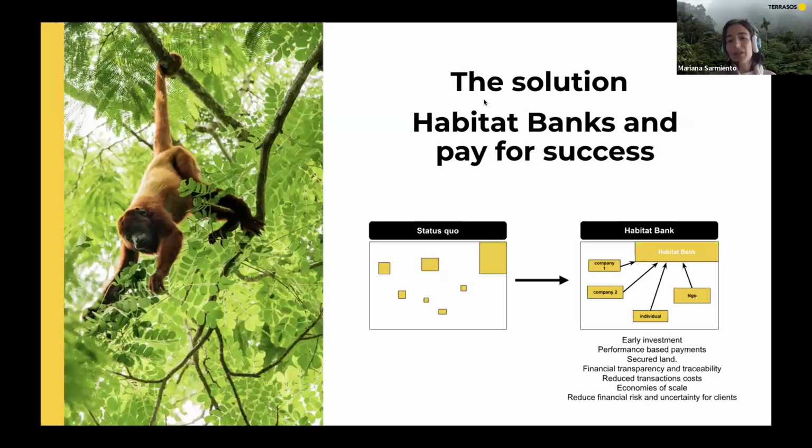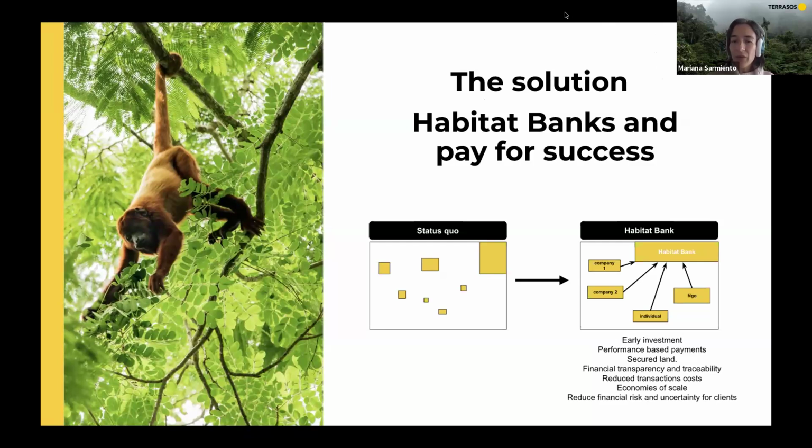So in order to do this, we're going to a situation where all our projects are structured as habitat banks, and habitat banks create ecological outcomes that are represented in TEBUs, where individuals, companies, NGOs can pay for those ecological outcomes.